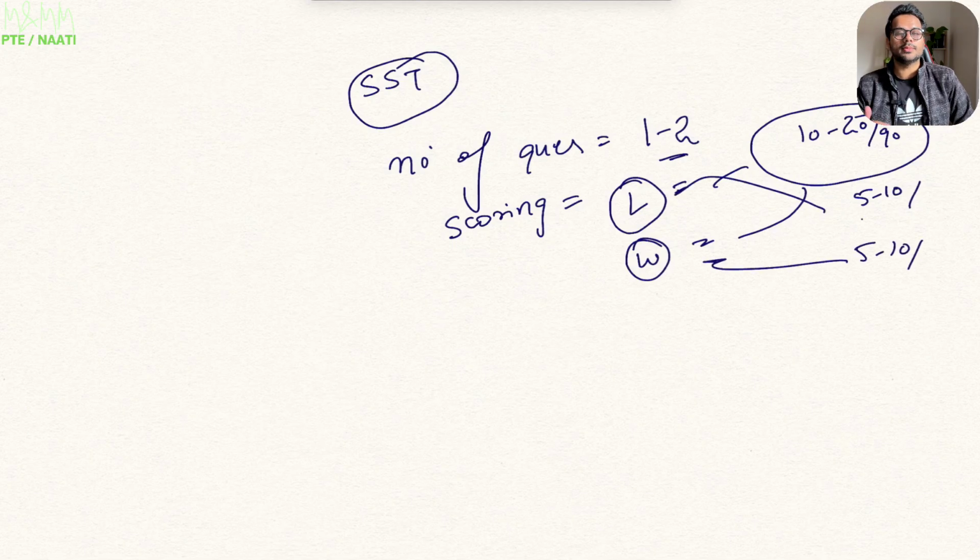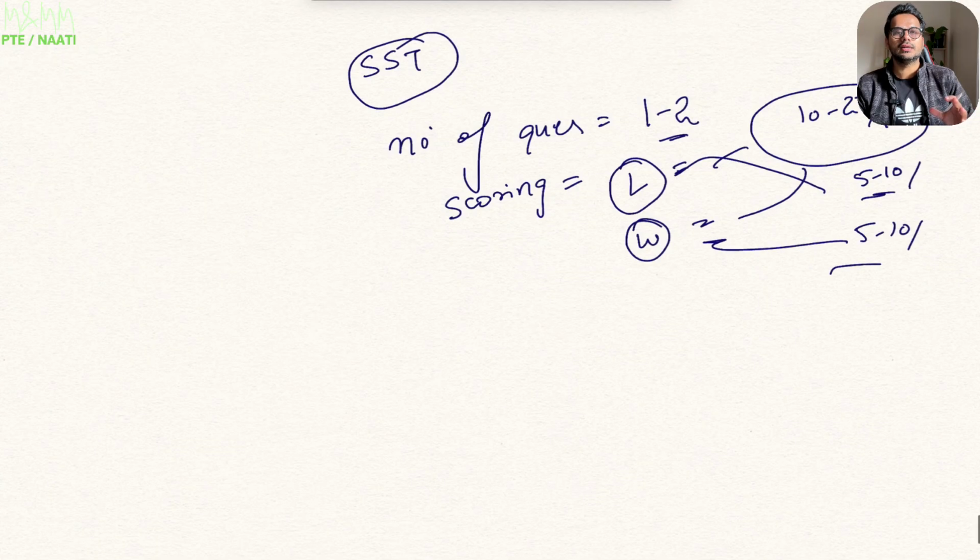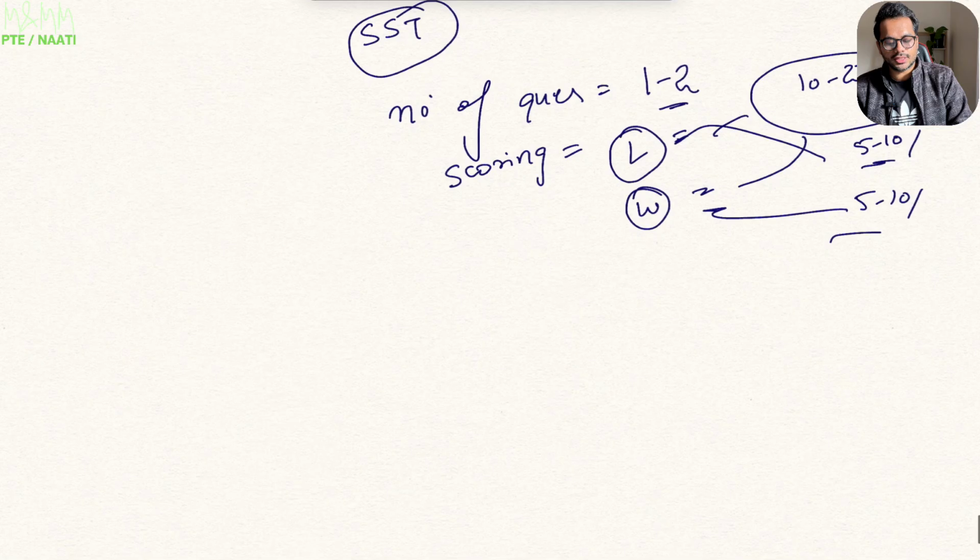So if you are someone who's aiming for 65 or 79 or a perfect 90, this one is definitely going to be one of the deciding factors because 5 to 10 marks in listening and 5 to 10 marks in writing is a lot.